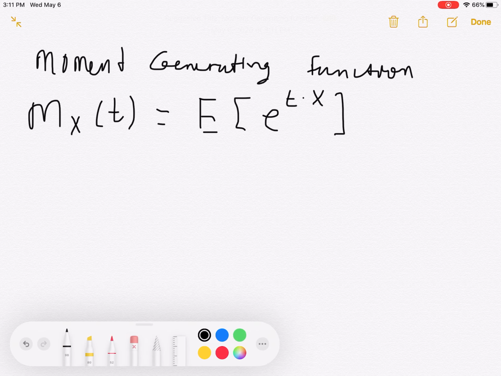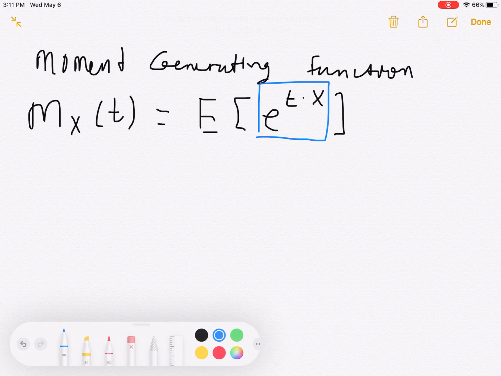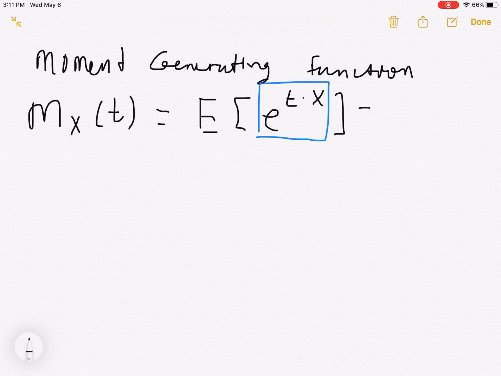So here I have to recall how to take the expected value of a function, and that function being e to the t times x. Well, we just noted I have the summation from minus infinity to infinity of e to the t times x times the probability of x. And that is how we calculate the moment generating function.